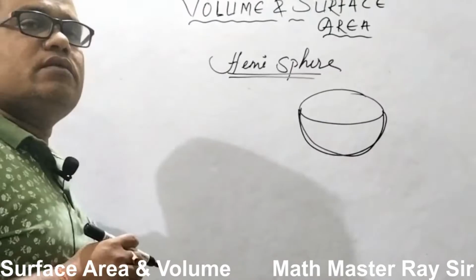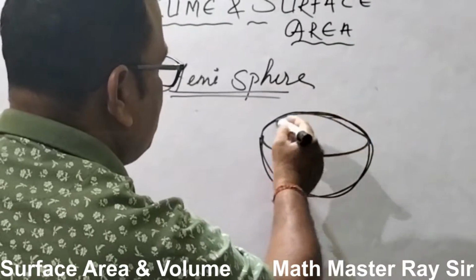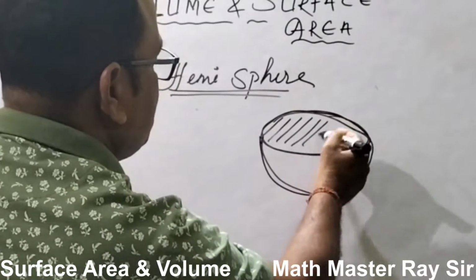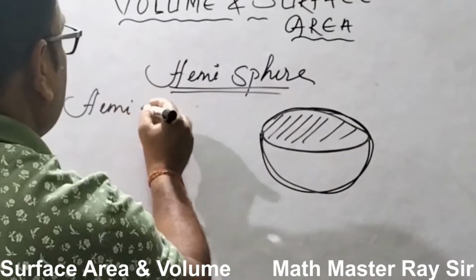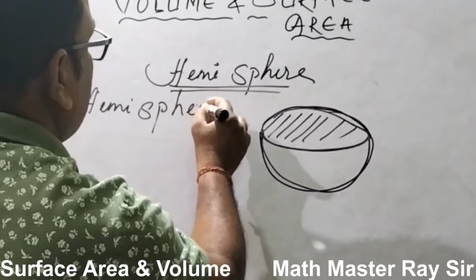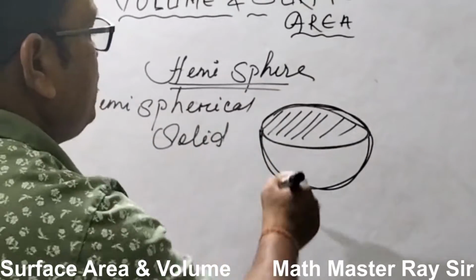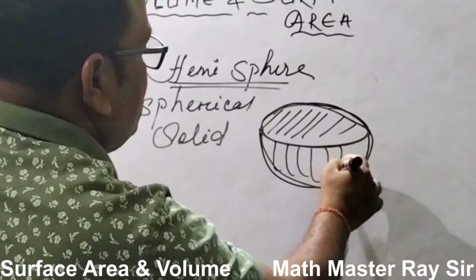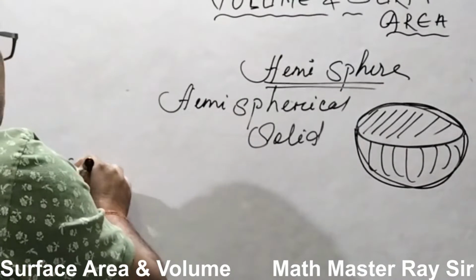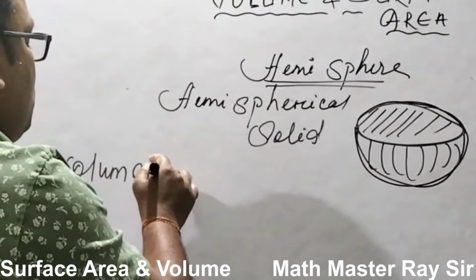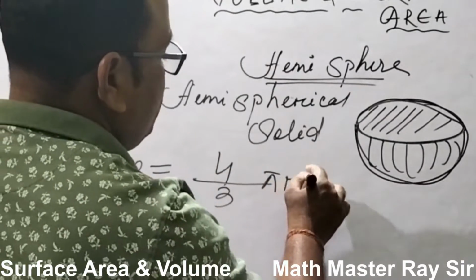After that, we'll discuss. Now, this is your hemisphere, a hemispherical object. Suppose it is purely solid, a hemispherical solid, fully packed. Okay. Now, we know that the volume of the sphere was 4 by 3 pi r cube.